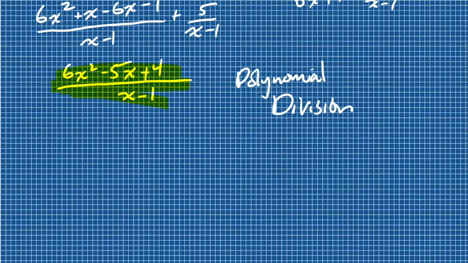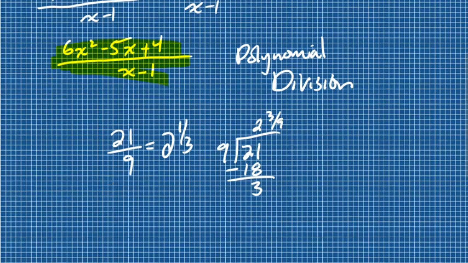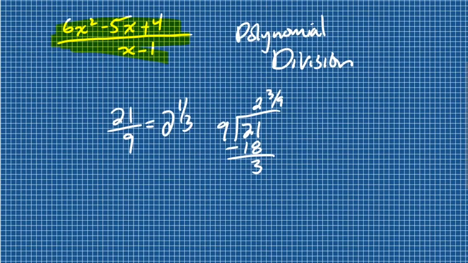Although it does, if you think of, say I have 21 divided by 9, and I wanted to turn that into a mixed number, I'd go 9 goes into 21, and I would say 9 goes into 18 2 times. 2 times 9 is 18, and then I'd subtract and I'd get 3, and so I'd get 3 over 9. So this is equal to 2 and 1 over 3.